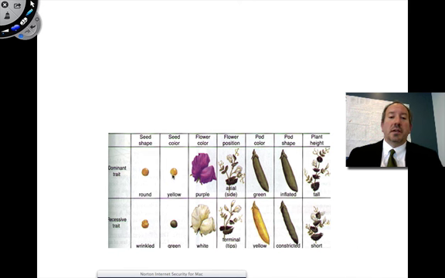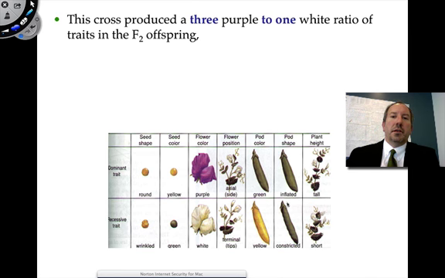Most of us are familiar with green peas, but some peas are yellow. And as it turns out, the yellow dominates over the green in the first generation. This is whether the flower grows off to the side or comes off the top, axial or terminal. And then pod color. Again, most of us are familiar with green pods, but there are yellow ones. And then inflated and constricted pods. So these are some of the traits that he considered.